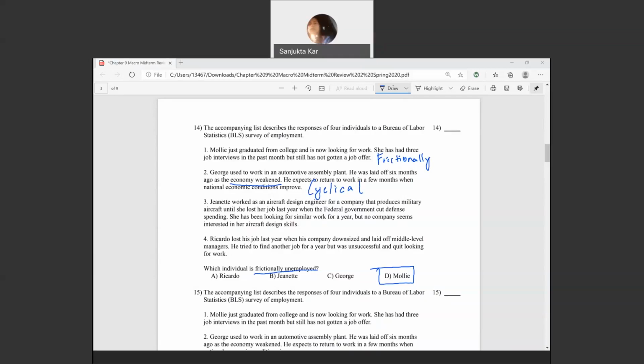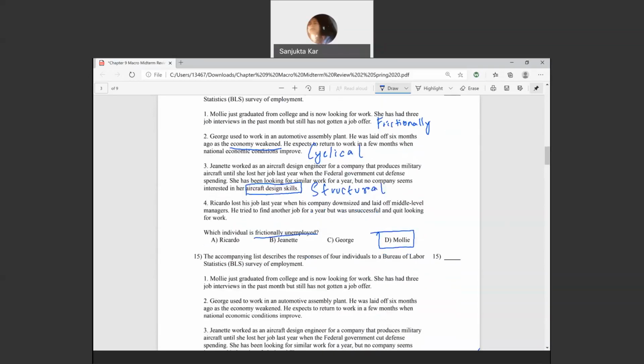So this one is structural unemployment. The reason this is structural unemployment is because no company seems to be interested in her aircraft design skills. Okay, she needs to acquire new skills here.